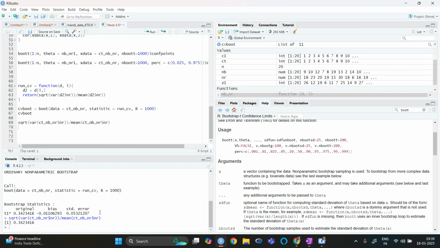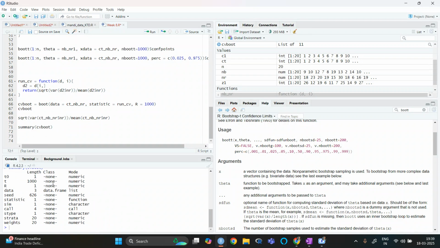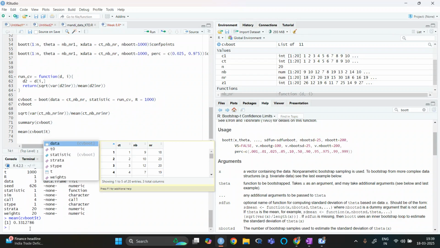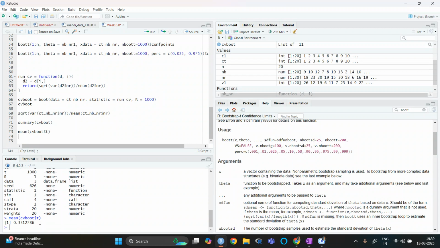Right. So this one is the coefficient of variation. If we try to find the summary of CV, we can find the same summary, with the same strata and so on. So now the mean of CV T is 0.331276.